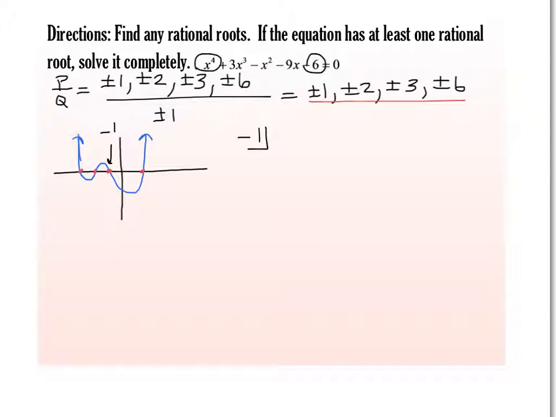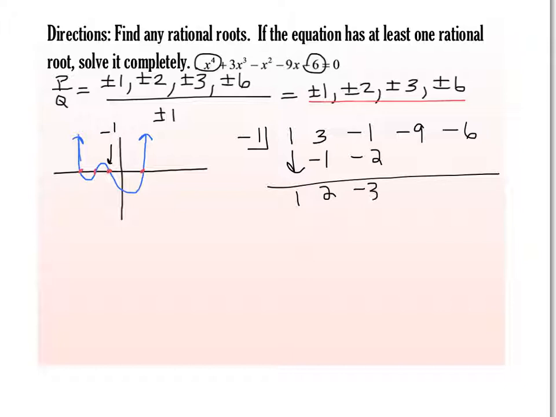So I'm going to synthetically divide that from the original polynomial. So the coefficients are 1, 3, -1, -9, and -6. So bring down the 1, multiply, add, multiply, add, multiply, add, multiply, that's positive, add.